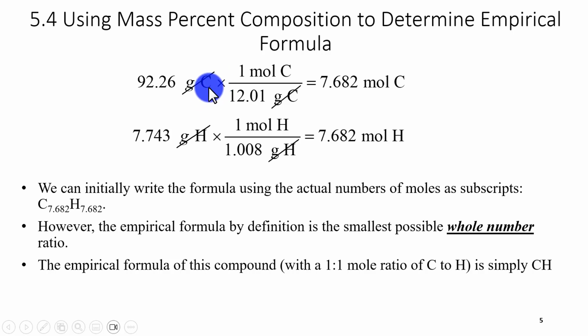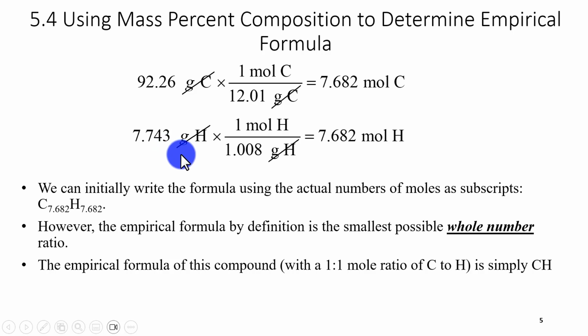You can't use the molar mass of carbon when you're dealing with hydrogen because they weigh differently. Start out with the amount that you're given, so 92.26 grams, multiplied by my conversion factor. 1 mole of carbon weighs 12.01 grams. My grams go at the bottom because I'm converting to moles, and I want moles at the top. Grams will cancel, leaving me with 7.682 moles of carbon.